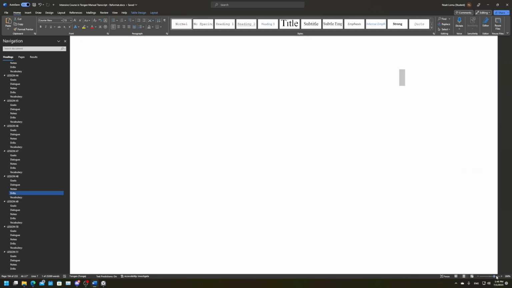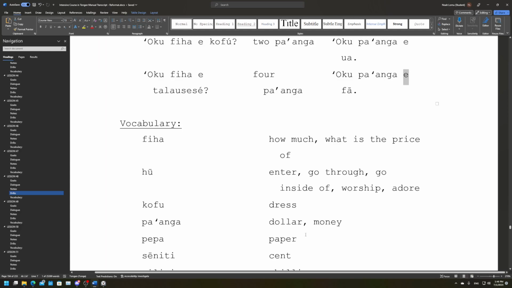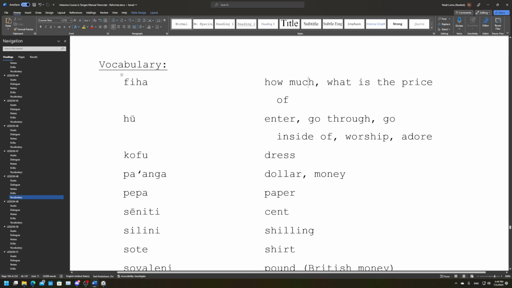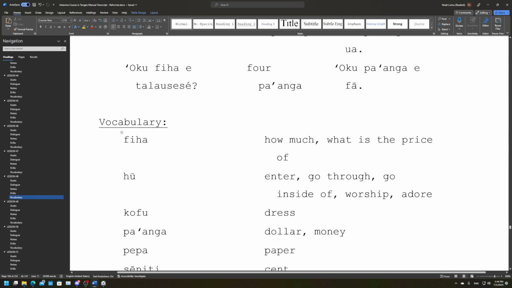So we learned fiha, which in this case doesn't mean when, but how much. It's important to remember the two different ways it's used. Hu, we saw that several times. Hu means to enter, go through, go inside of, worship, or adore.